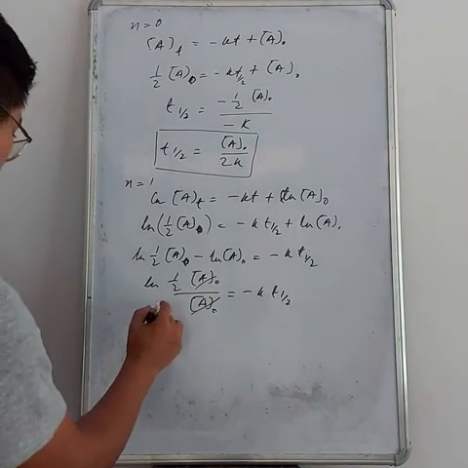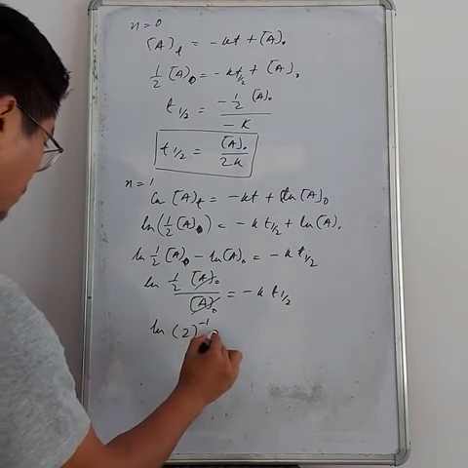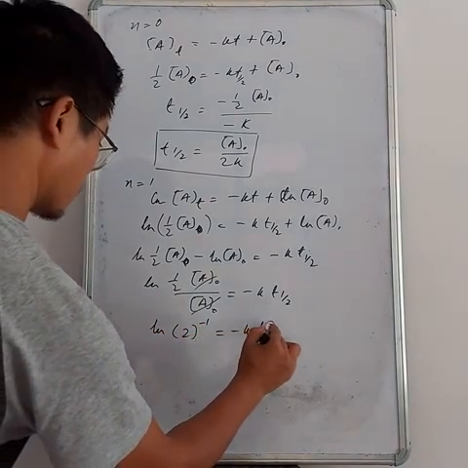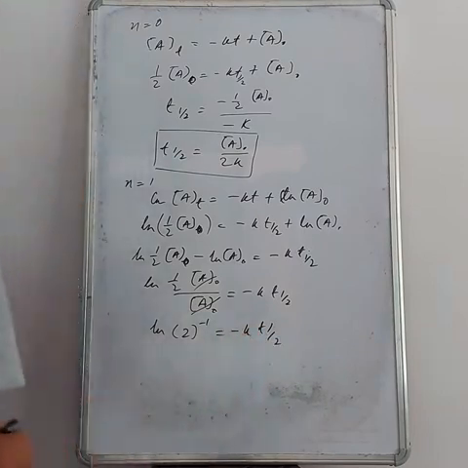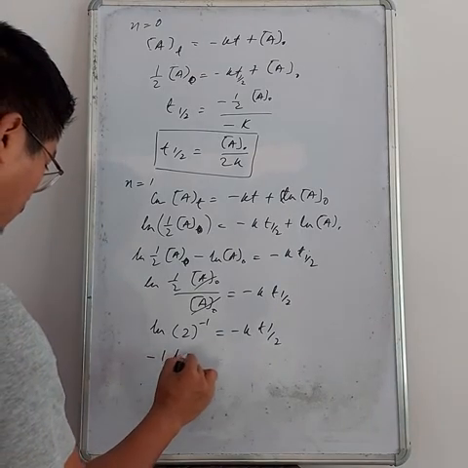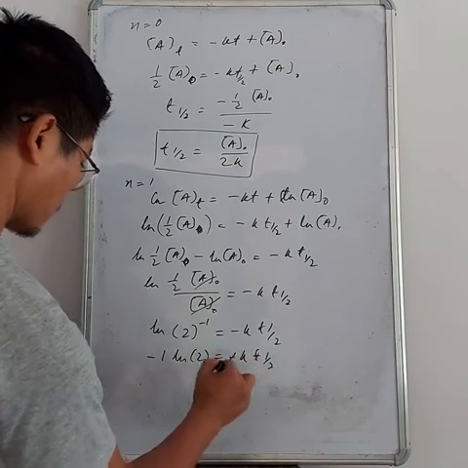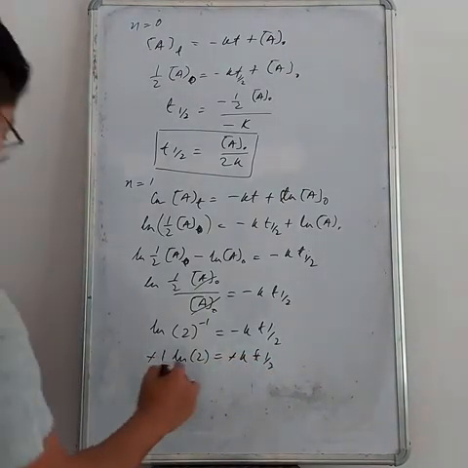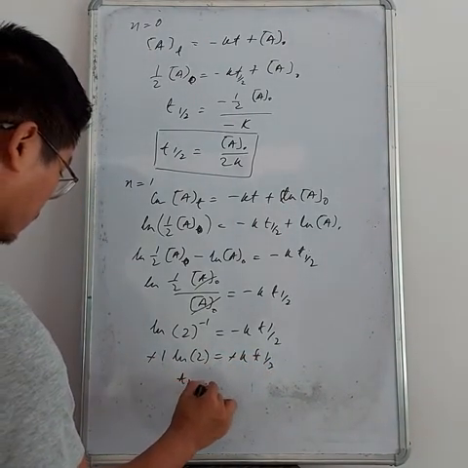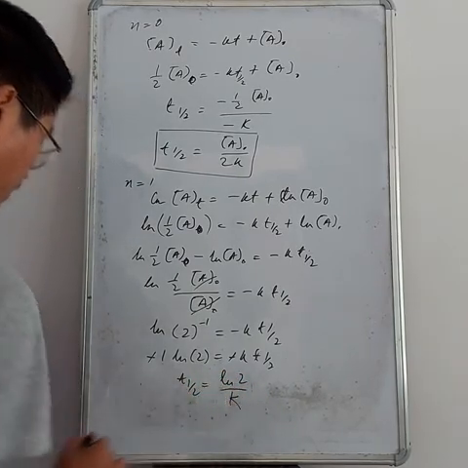And now this one, log 2 raised to the negative 1, is equal to negative kT half, or negative 1 times log 2 is equal to negative kT half. These two go off. So T half is equal to natural log 2 over k.